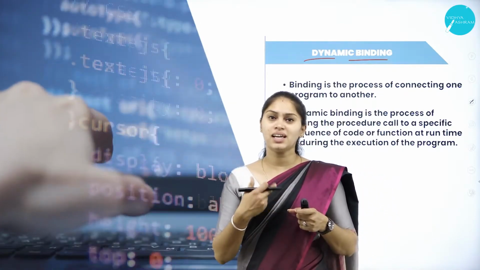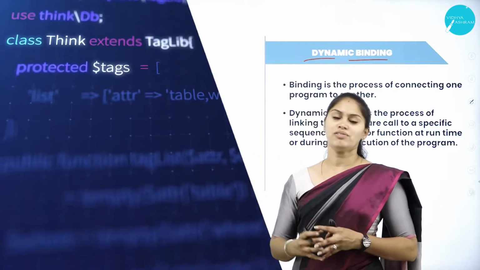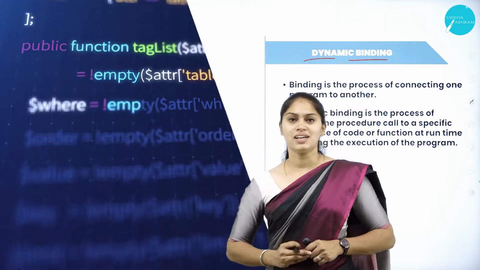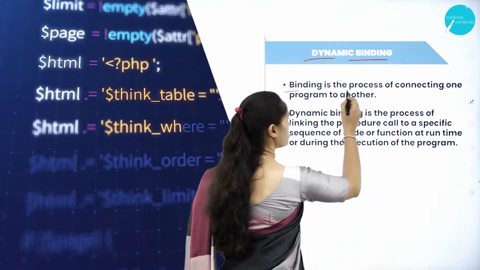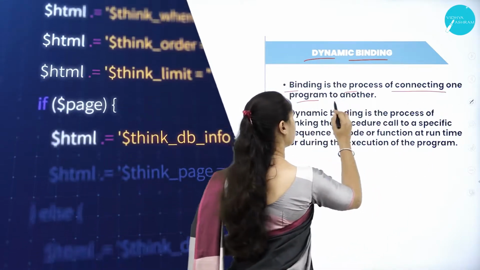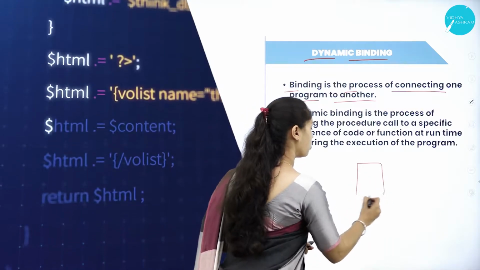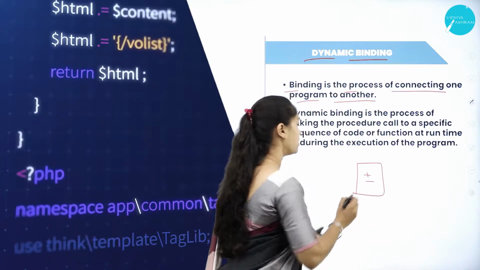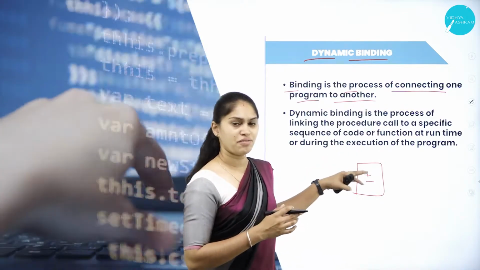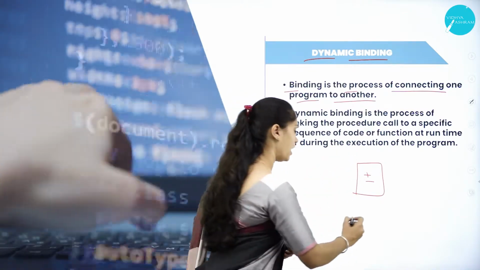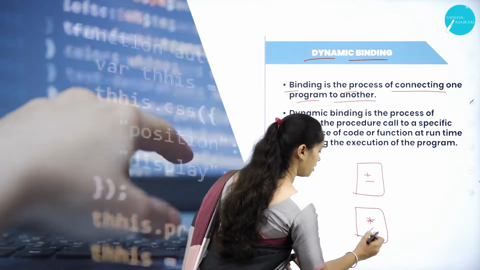When this binding happens at runtime, or during the execution of a program, we call that dynamic binding. So binding is nothing but the process of connecting one program to another program. For example, in one program I write code to find the sum and difference of two numbers, but in another program I work with multiplication, division and modulus.